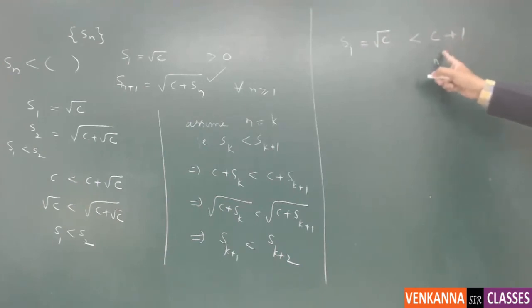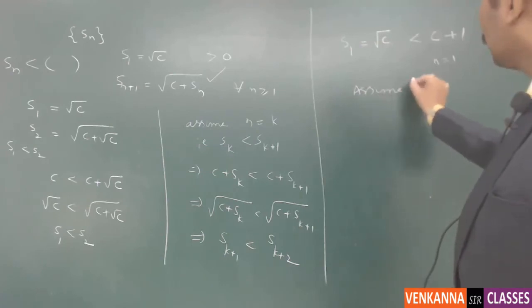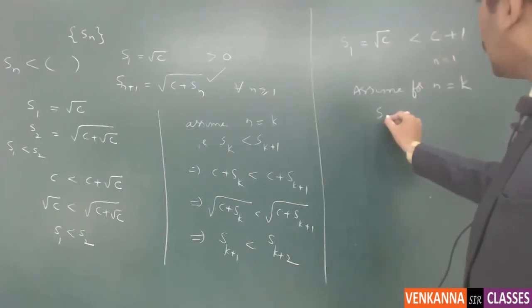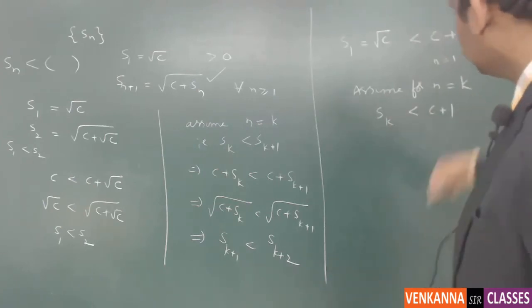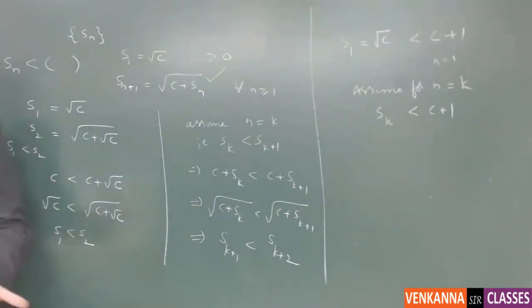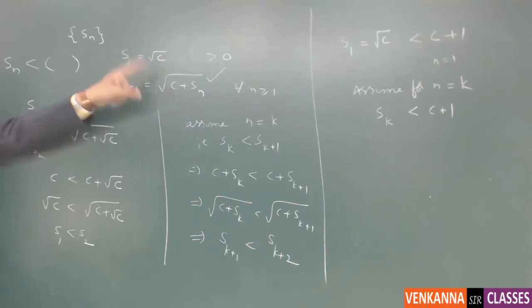I am applying the induction technique. So assume for n equal to k, it means that you have said that Sk is less than C plus 1. Induction hypothesis. Now applying the same recursive formula, you have to prove Sk plus 1 is less than the same C plus 1.